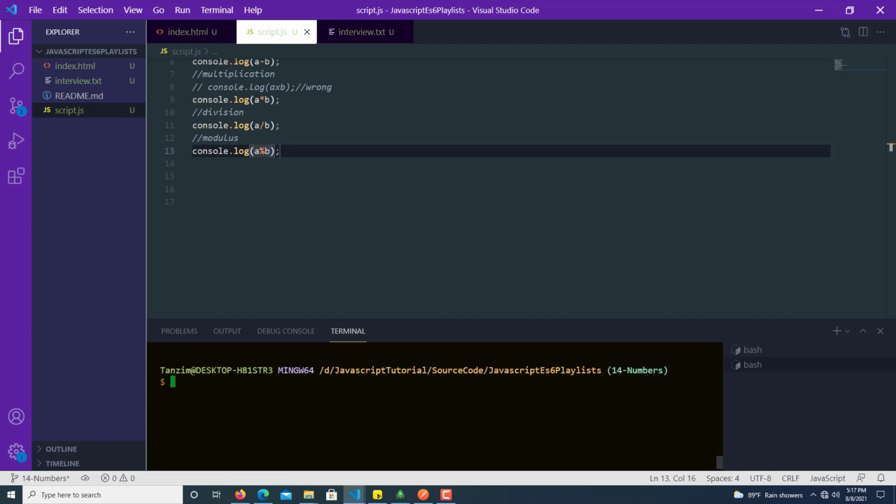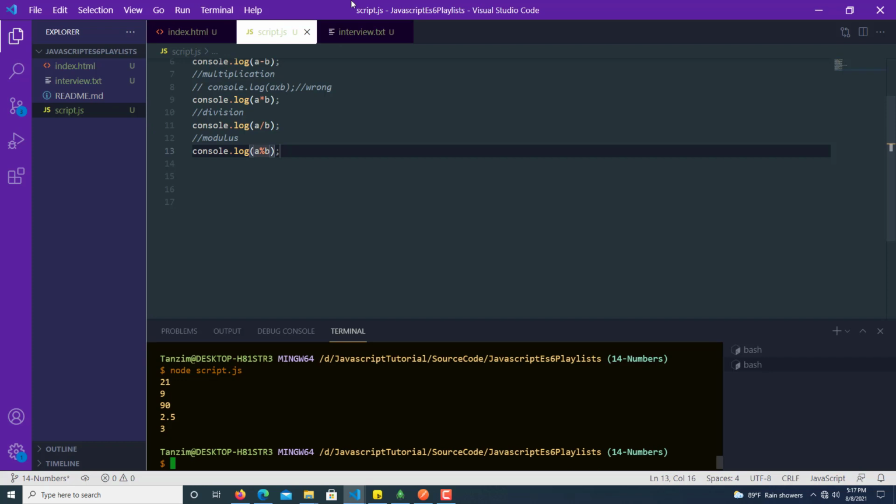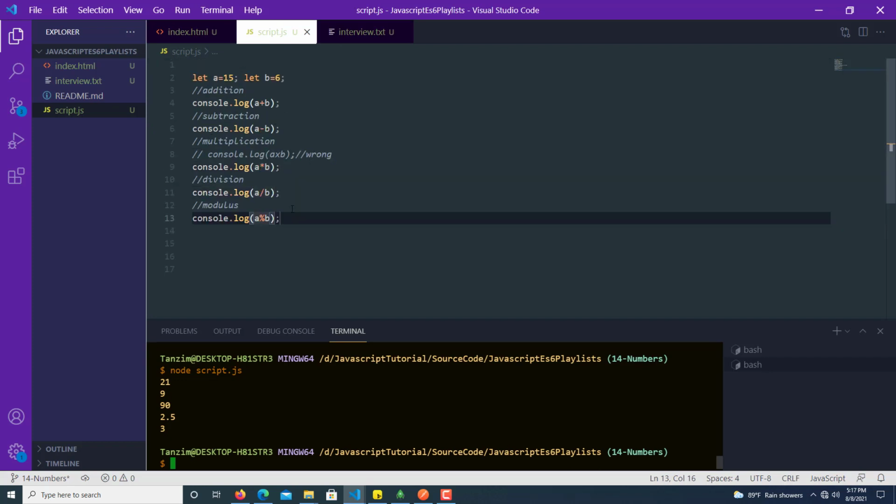Now if you run this script, you see you get all of these: 15 plus 6, 21, 9 and 90, 2.5. And here what happened is 15 by 6 is 2.5, so 12 by 6 is 2, and the remainder here is 3. So modulus gives us the remainder.